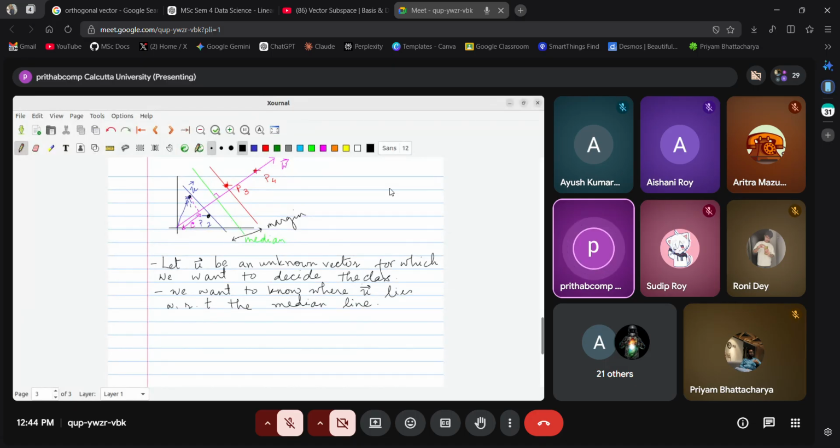Whether it is above the median line or below the median line. If it is above the median line, we can say the class of that is positive. If U lies below the median line, then we can say it is a negative class.